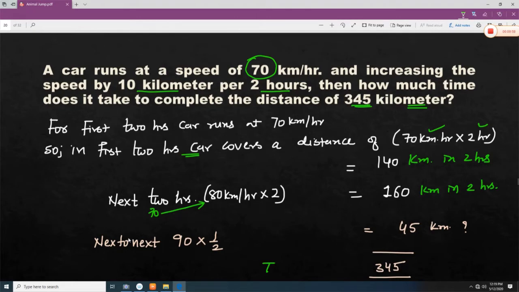The total distance is already given as 345. Now 140 plus 160 is 300, so the remaining is 45. For the remaining 45, the car is increasing the speed from 80 to 90, and at 90 he can cover 90 in 1 hour, so 45 he can cover in half an hour.